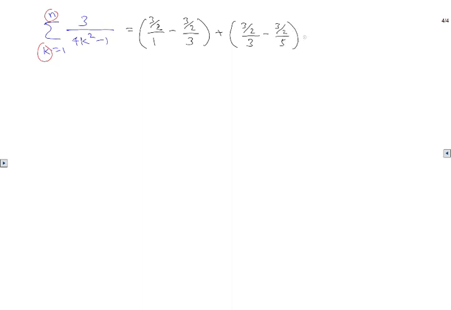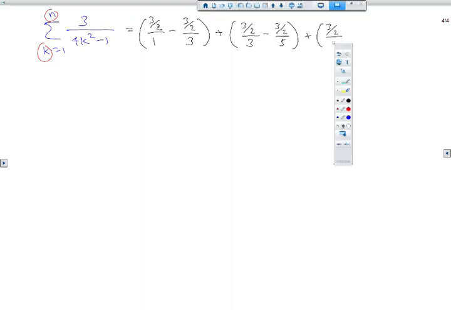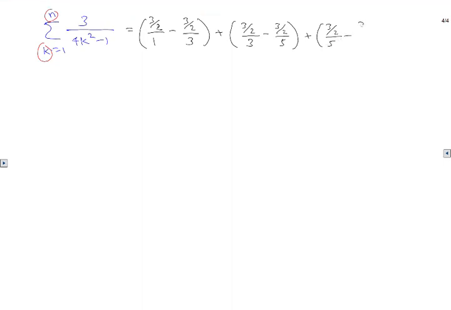And then (3/2) over 5 minus (3/2) over 7. We just write a few terms to see the pattern, plus dot dot dot. Then the nth term is (3/2) over (2n minus 1) minus (3/2) over (2n plus 1).